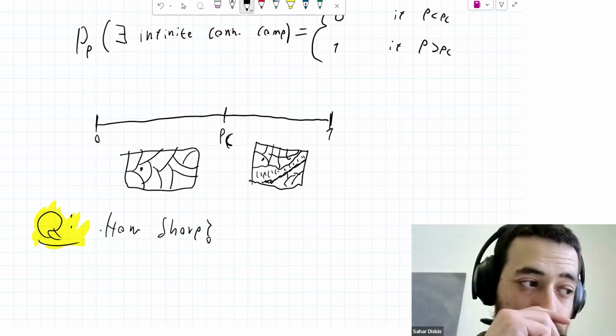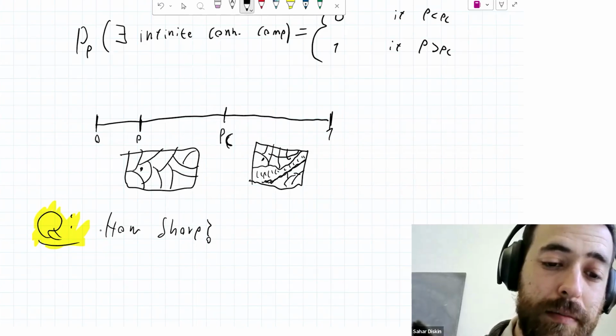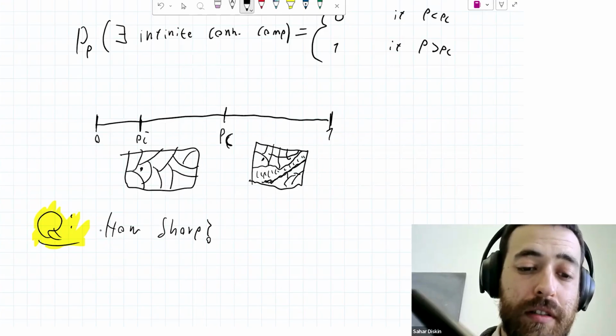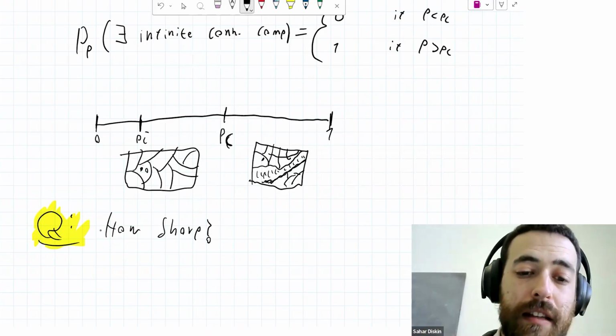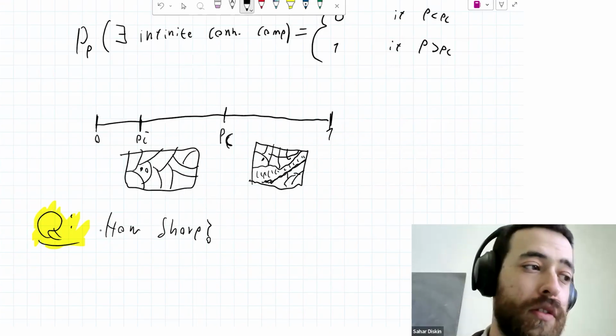I would hope that maybe there is some point here, let's call it p_c minus, such that if I'm below it, so this is the origin O, then not only are all the components finite, but they are finite in a very strong sense.